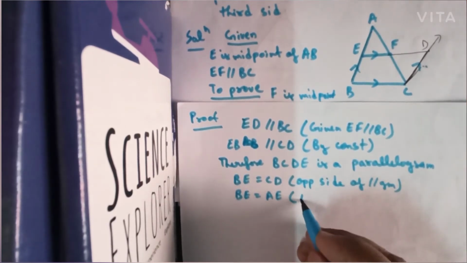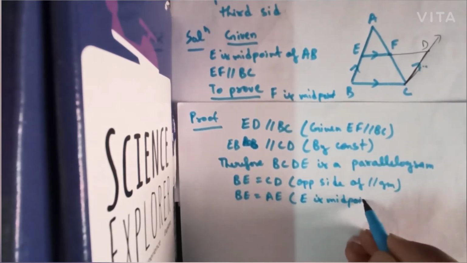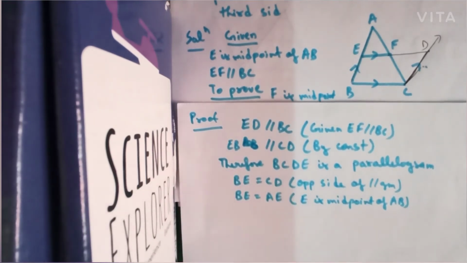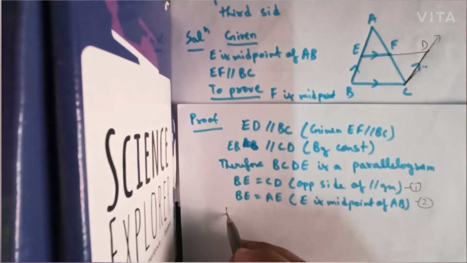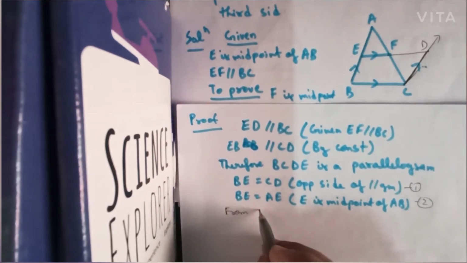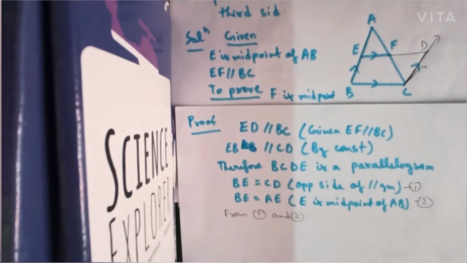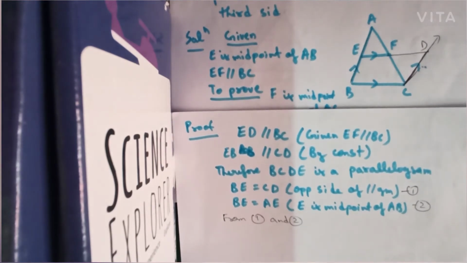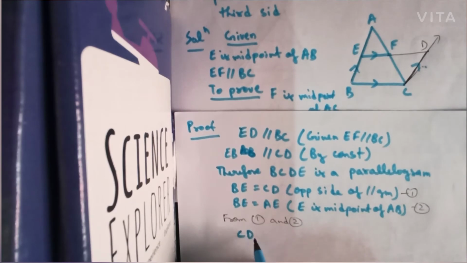It is given that E is the midpoint of AB. So from equation 1 and 2, the left hand side in both is BE, so the right hand side will be equal, that is CD is equal to AE.